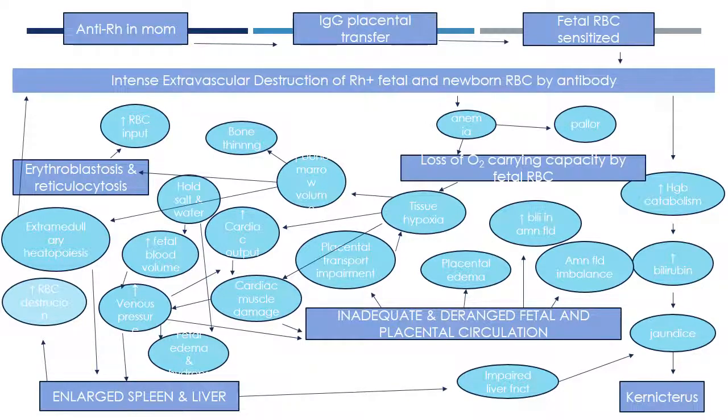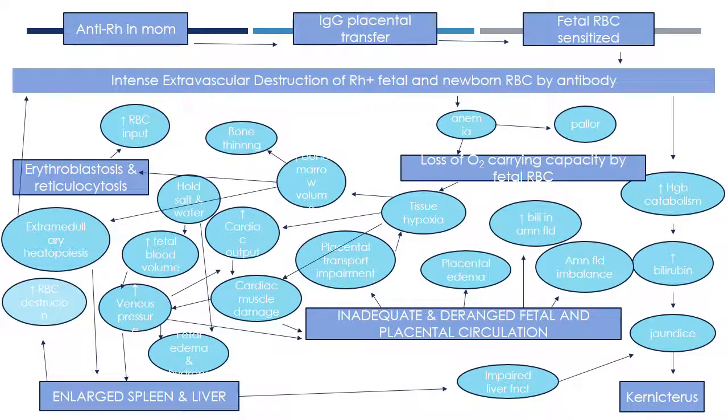You have loss of oxygen carrying capacity. You have erythroblastosis and reticulocytosis, which would be normal functions of anemia. Then, because of the toxins and the immune deposits, you've got an enlarged liver and spleen. A liver, by the way, which is not functioning anyway to normal levels.